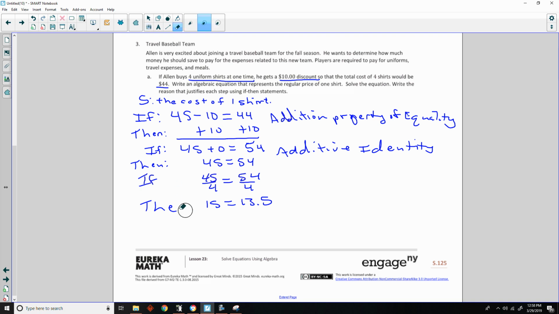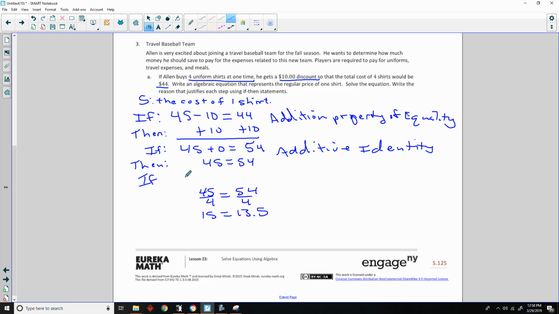Okay, I know this is tedious, but if you learn your properties, it's really helpful. I want to repeat this. If 4s equals 54, then 4s over 4 equals 54 over 4. And that is the multiplicative property of equality.